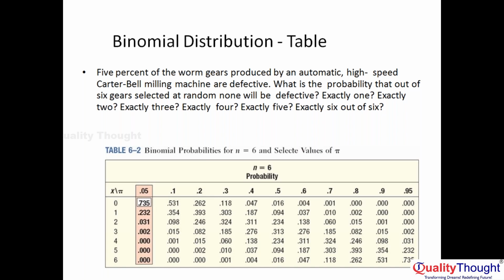Here it is the probability of getting 0 flights late, where this represents the probability and this represents x, the total number of successes.